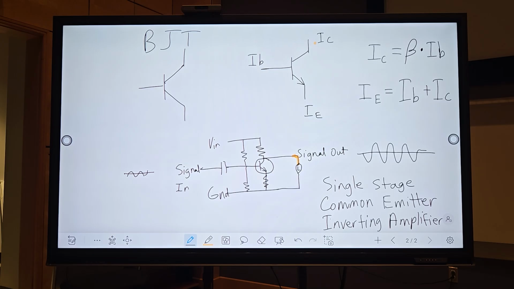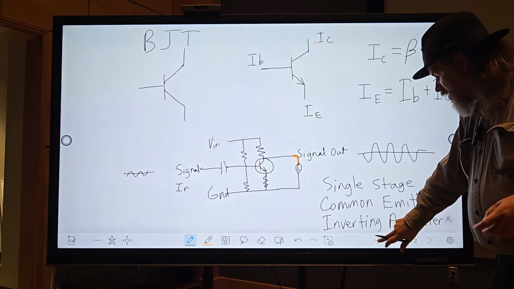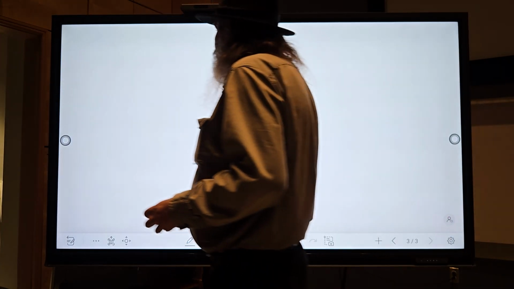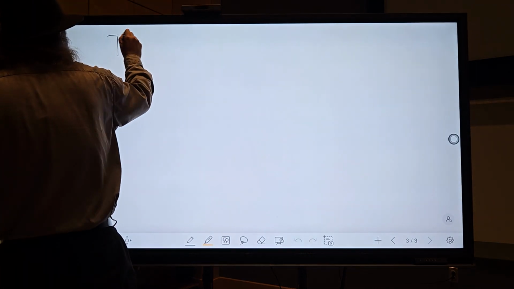But that's one way transistors can be used as an amplifier. Transistors can also be used as switches.